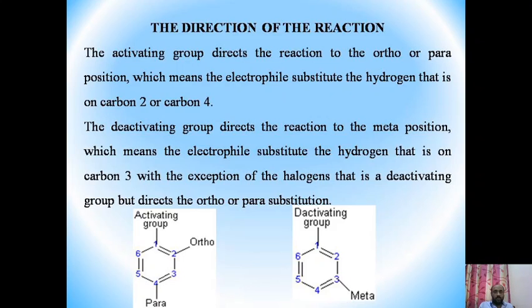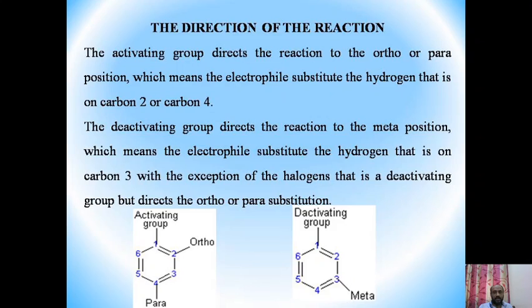The activating group directs the reaction to the ortho or para position, which means the electrophile substitutes the hydrogen on carbon number 2 or carbon number 4. If you see these two structures, carbon number 2 is the ortho position, 3 is the meta position, and 4 is the para position.